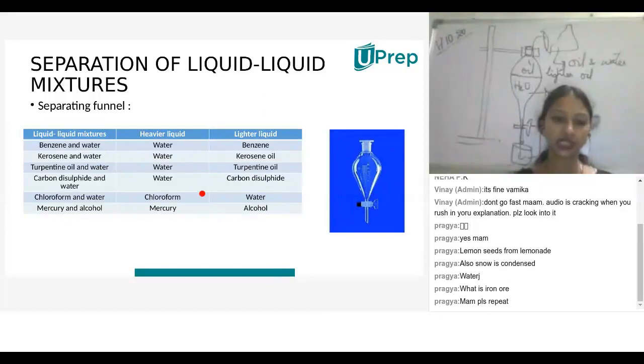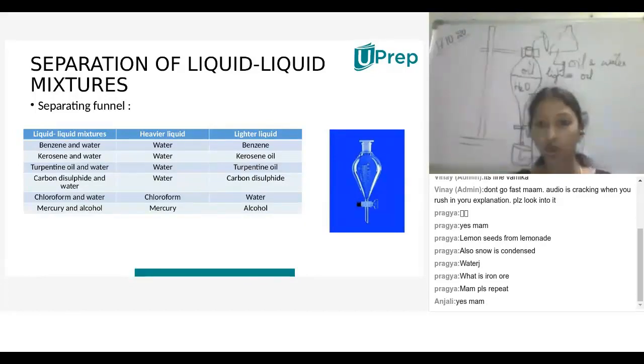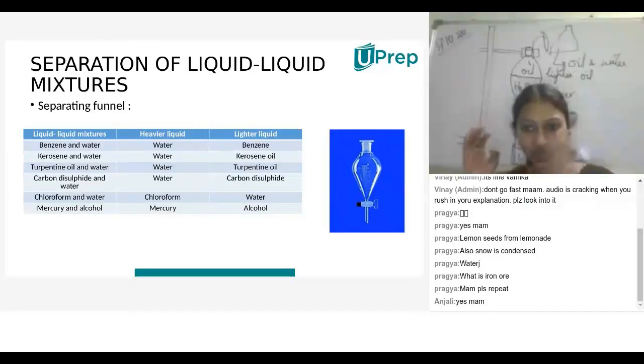Okay, have you understood about the separating funnel? Any doubts? Iron ore is nothing but a rock inside the earth crust, the ore. There are many natural minerals inside the earth. So we'll get the ore. It's a kind of rock which contains a large quantity of the required mineral, like the required metal.